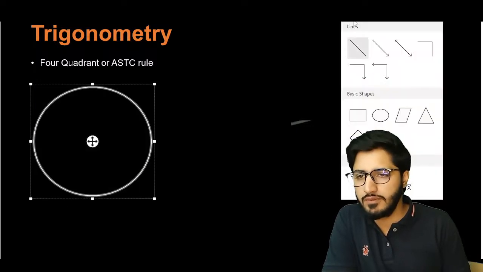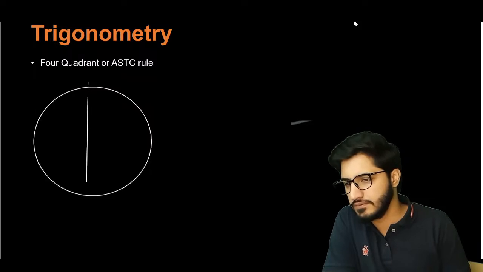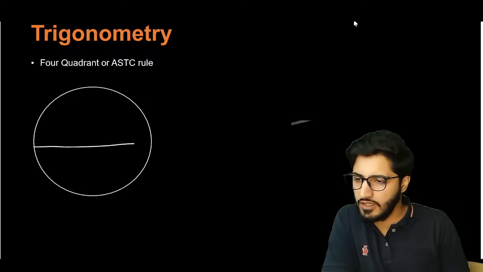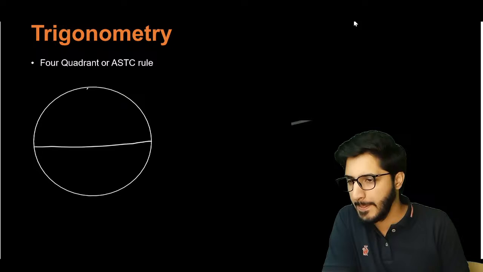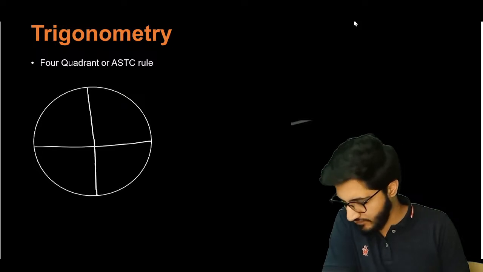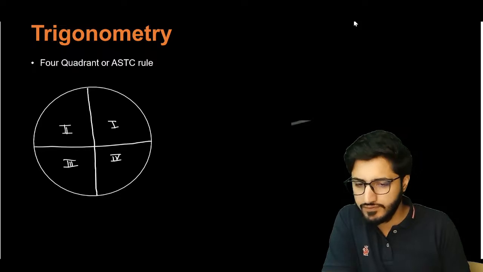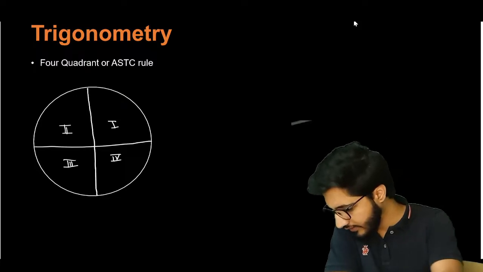We need to break down the shape into four quadrants, that is four parts: first quadrant, second quadrant, third quadrant, and fourth quadrant. That we are having four quadrants, right?